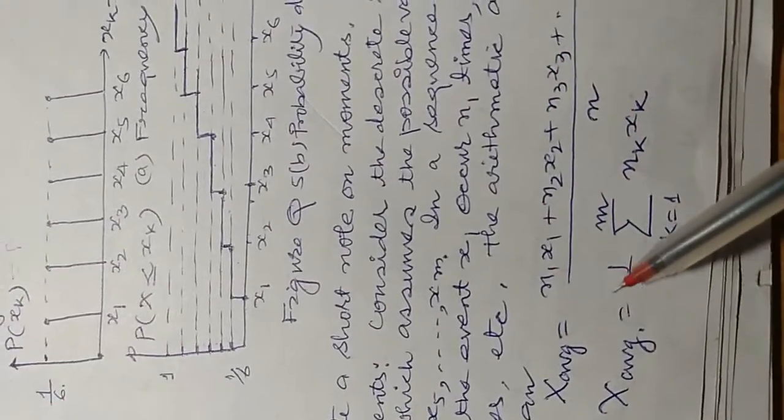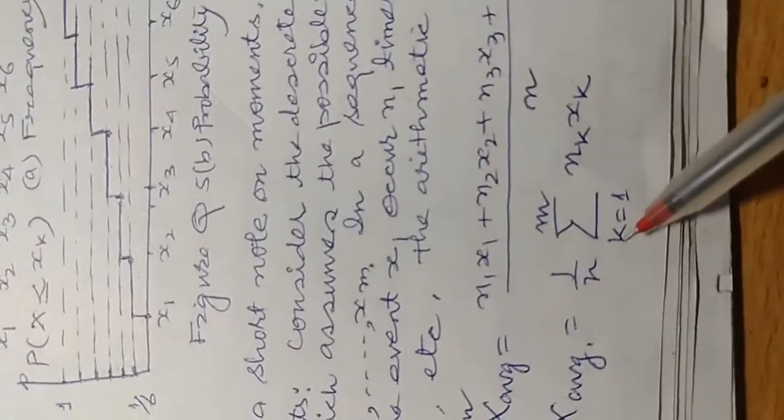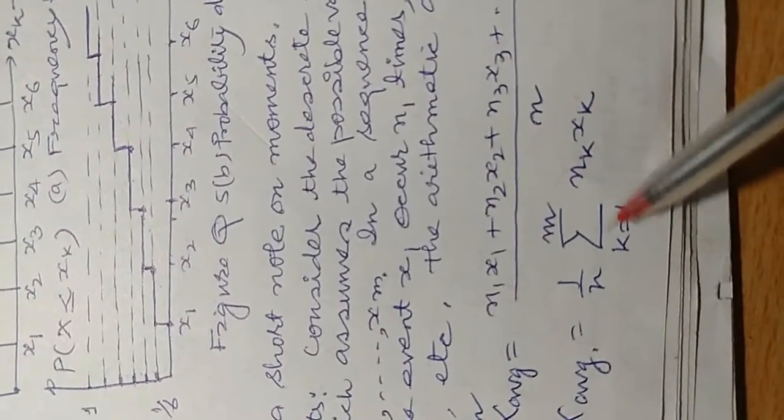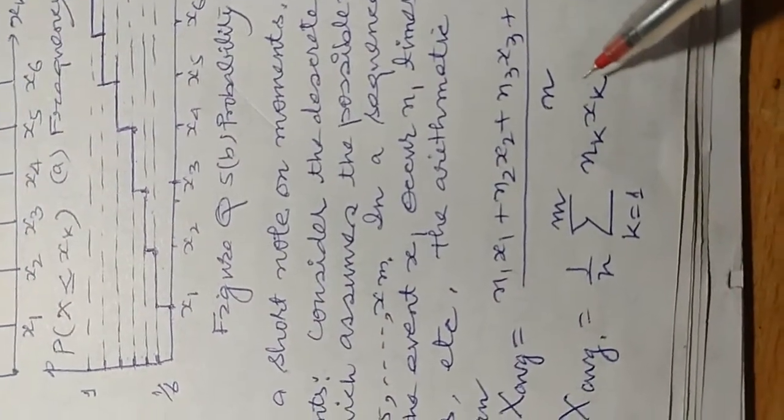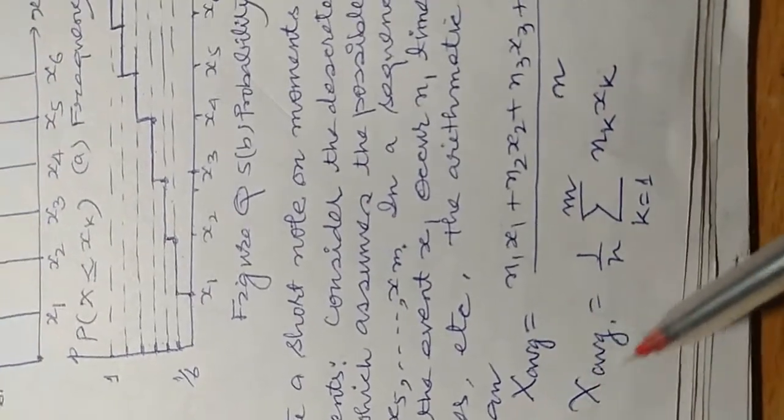So if you take 1 by n, you can write the summation of nk xk over k equal to 1 to m, and this is the average.